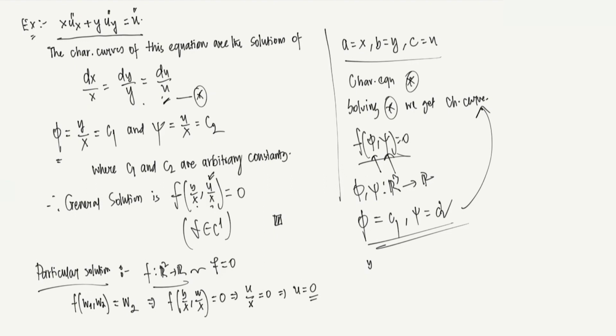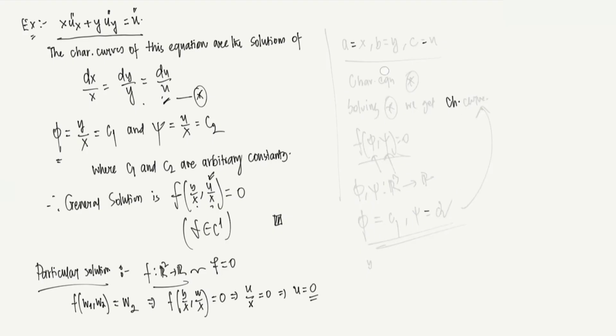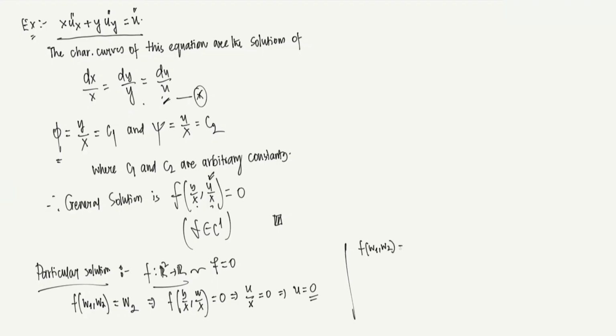Okay, you can also find other solutions out of it. Let's give you another solution, a nice solution, and let's see if that is a solution or not. Let's say f of W1, W2 is, let's write down a simple one, W1 plus W2. It's a very arbitrary function but smooth, right?